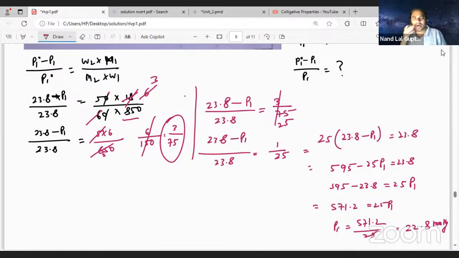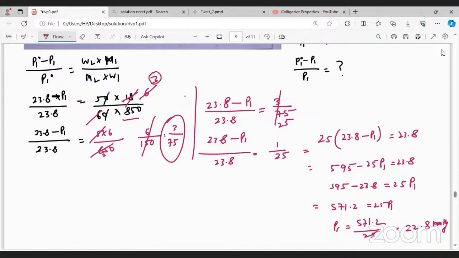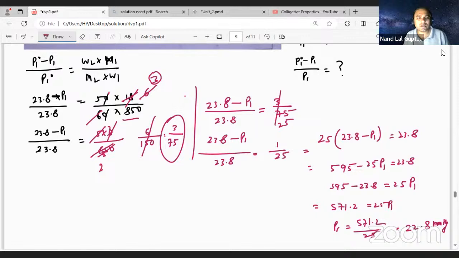23.8. Okay, let me do one more calculation. 6 3s are 18. Here is the 3. 3 should be there. 5 multiplied by 3 divided by 850. So this 3, 3 2s are 6. This is not divisible now. Total mistakes have become.